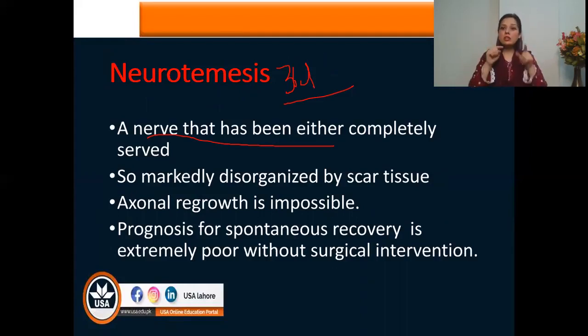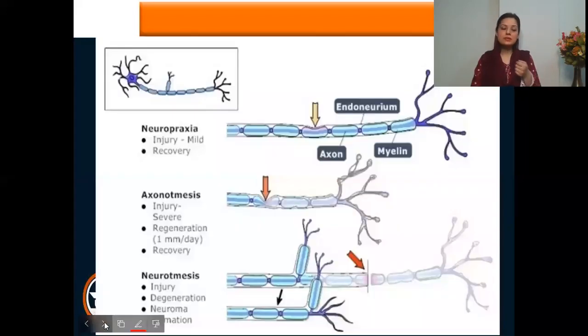If we know this is neurotmesis, we would obviously say the nerve has been severely cut, and the prognosis for spontaneous recovery is extremely poor without surgical intervention. So in the case of neurotmesis, there is a poor prognosis using physiotherapeutic modalities. If we want a good prognosis, we have the option of going towards surgical intervention instead of electrotherapeutic modalities.